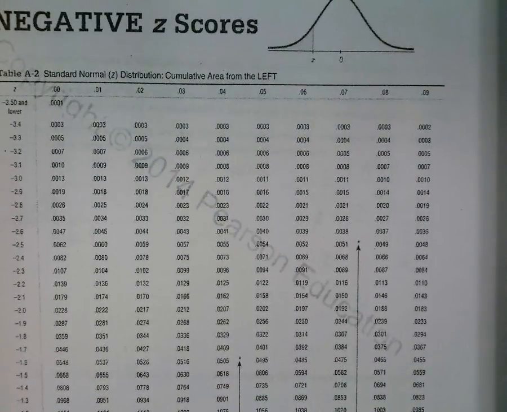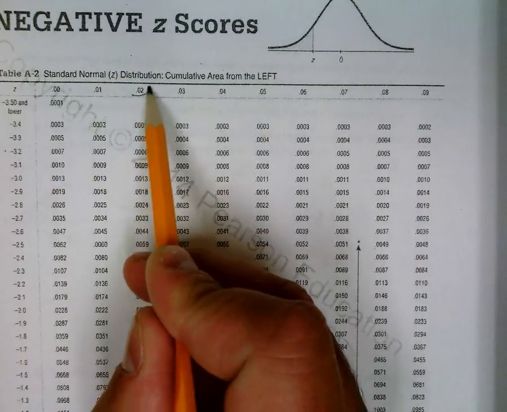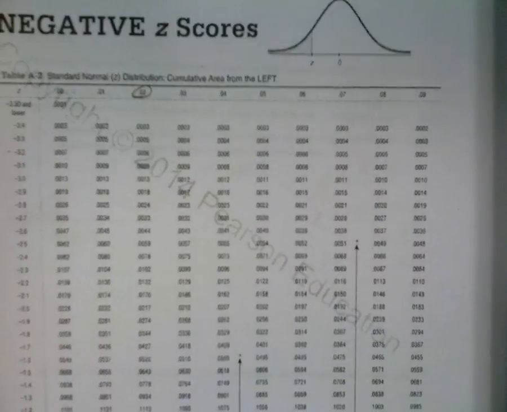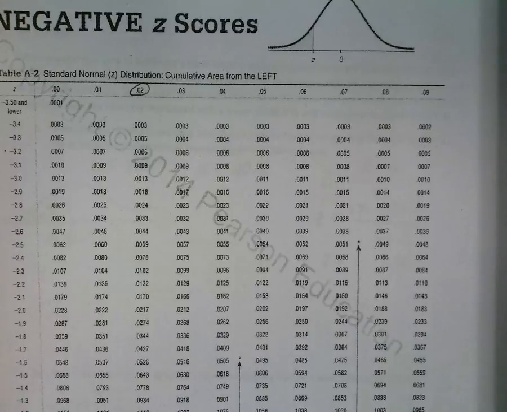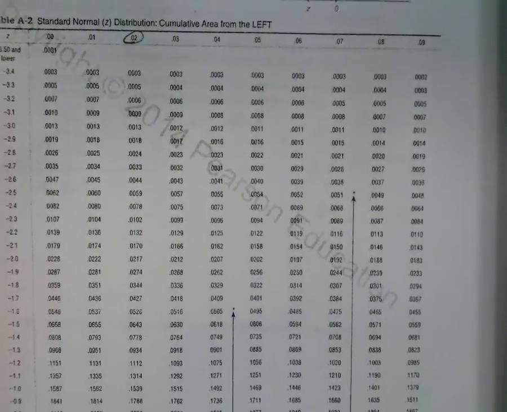And then we want to find 0.02, which would be the hundredths place, to give us negative 0.22. So you've got the tenths place and the whole numbers on the left-hand column, and the hundredths place up on top. Basically match those up. So go down the hundredths place column over until I match up with the row of the tenths place, and that gives me the probability or area under that curve. So 0.4129.